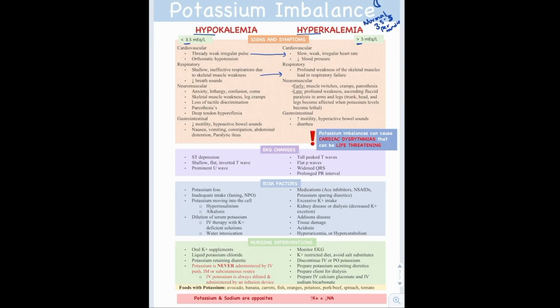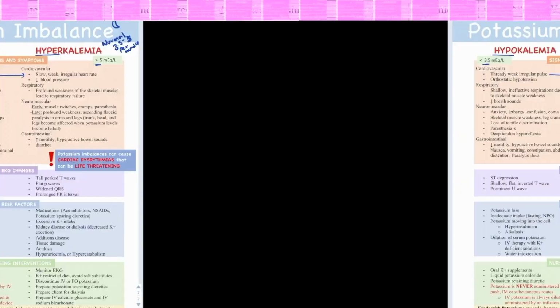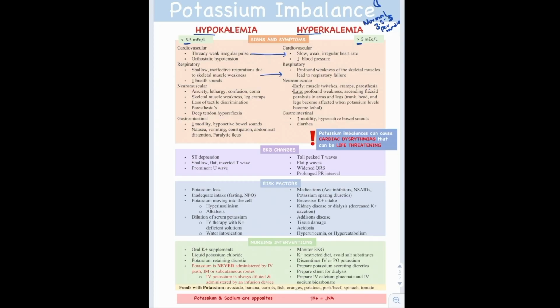With hyperkalemia, we're seeing muscle twitches, cramps, paresthesia, and late we're seeing profound weakness, ascending flaccid paralysis in arms and legs when potassium levels become lethal. Again, we're seeing those paresthesias, loss of tactile discrimination, muscle weaknesses, deep tendon hyporeflexia and flaccid paralysis of arms and legs. So those are all pretty similar.